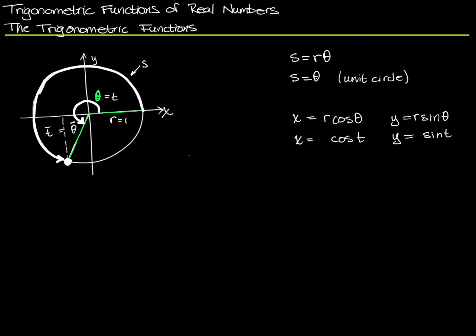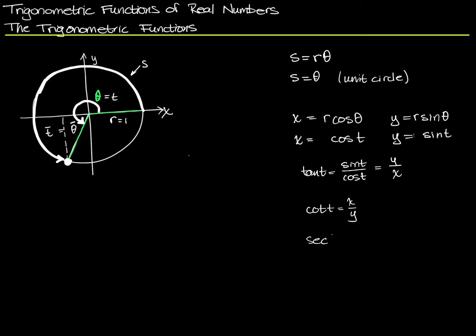While I'm here, I'll make the observation that the tangent of t is equal to the sine of t over the cosine of t, and that's y over x. Of course, the cotangent of t is just x over y.